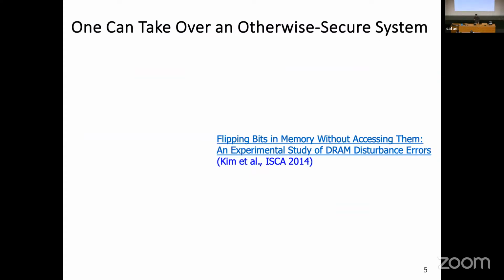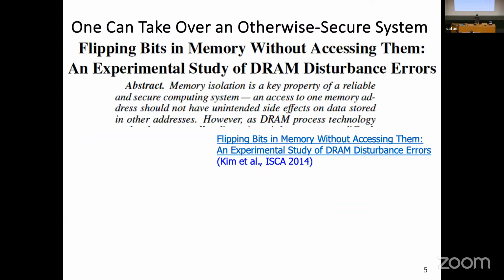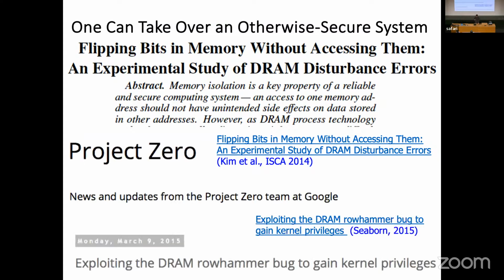So the implication of this is very severe. Apparently you can take over an entire system with just a single bitflip. After the initial demonstration and disclosure of the RowHammer problem by this ISCA 2014 paper, a security team from Google Project Zero successfully demonstrated that you can leverage RowHammer to gain full kernel privilege.